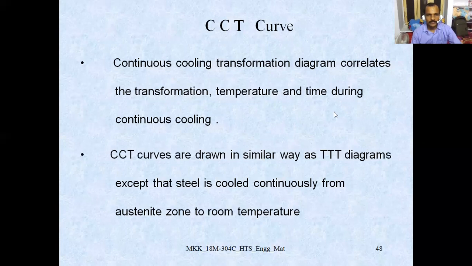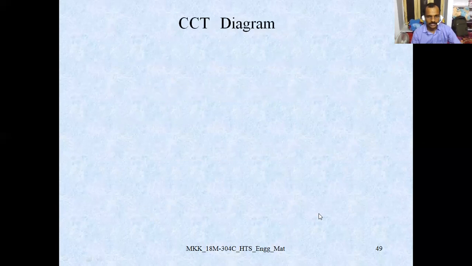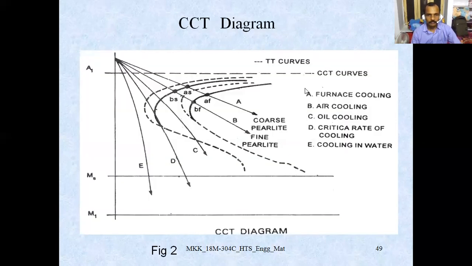CCT curves are drawn similar to TTT curves, but continuous cooling from the austenite zone to room temperature is achieved. Here we are able to see the CCT curves. This is the indication of CCT curves.